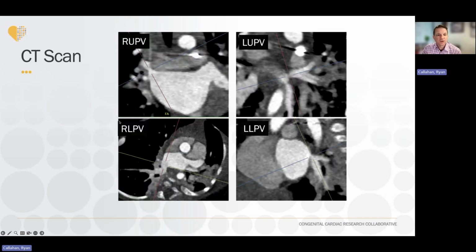And then I just have one slide showing that we can also grade these veins using other types of imaging, some non-invasive imaging, CT and sometimes MR. And it can be easier to grade the severity if you have good pictures. The limitation is the resolution of the pictures. But here's an example of 3 vessel disease in this one patient, right upper, and left lower.